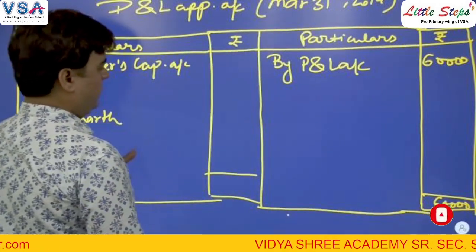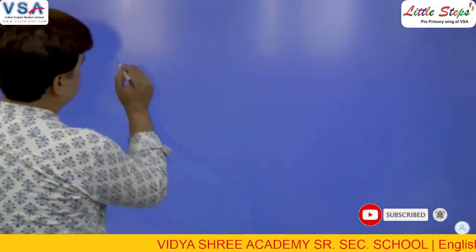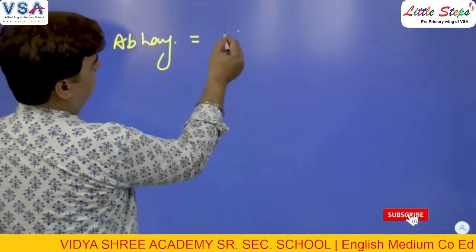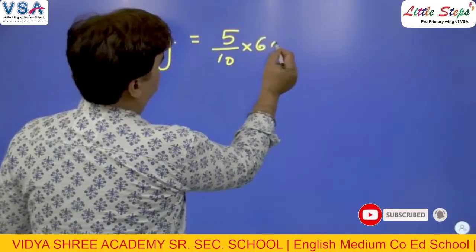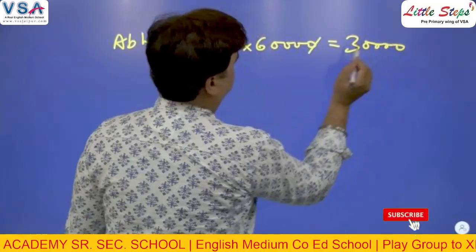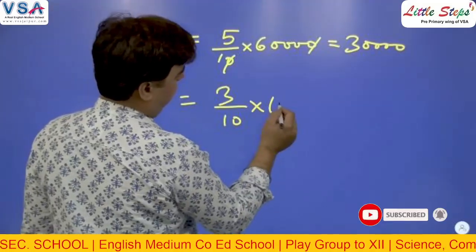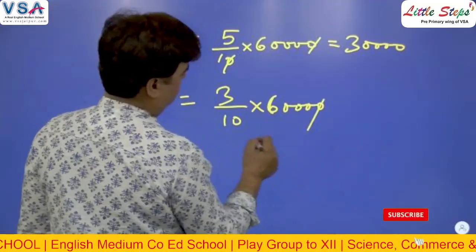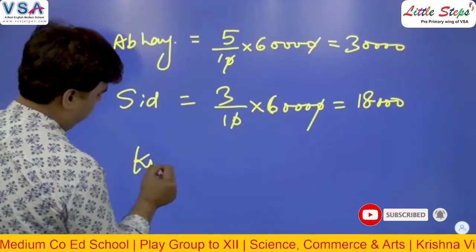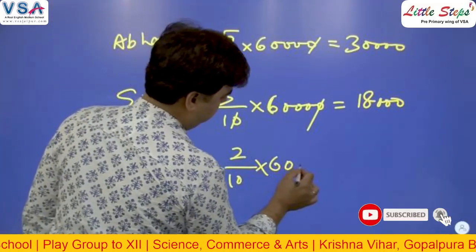So let's distribute this among the partners. For Abhay, sum of ratios will be the same, that is 5 upon 10, but now the amount is 60,000. So this will be 30,000 for Abhay. For Siddharth, it will be 3 upon 10 into 60,000. And for Kusum, it will be 2 upon 10 into 60,000.